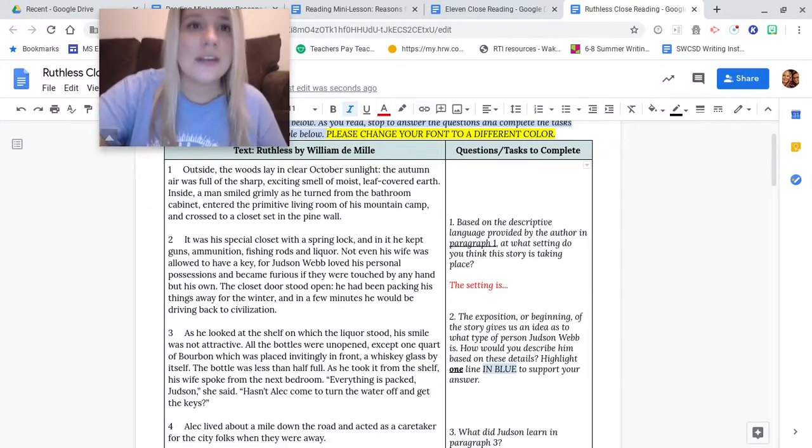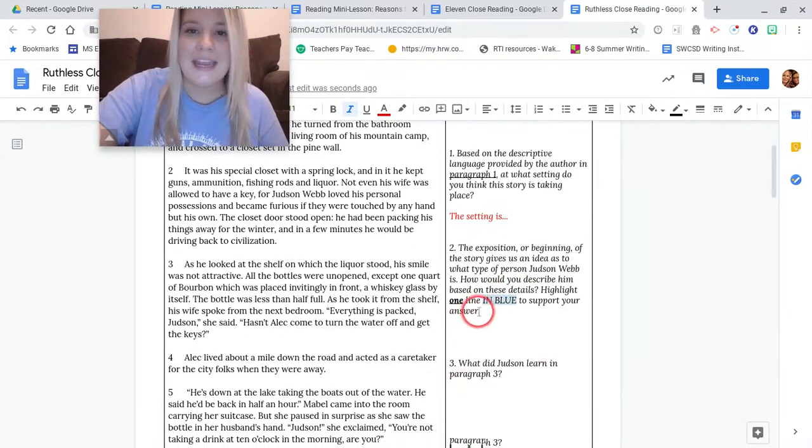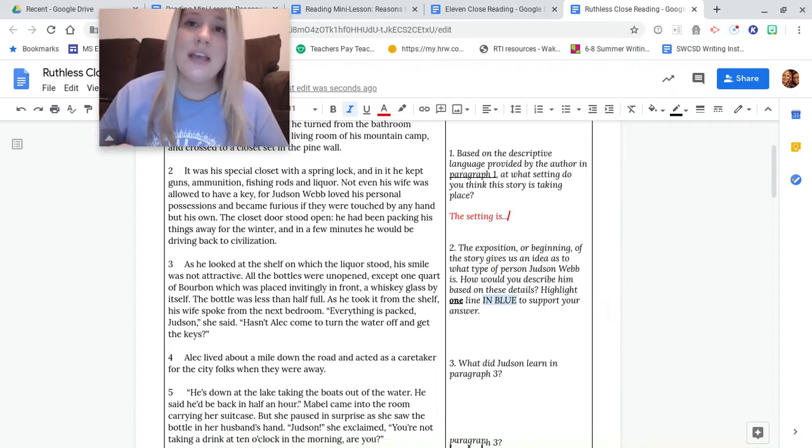Not only are you going to be answering questions, you're also going to be doing some highlighting. You need to make sure that when you are reading one of these questions off to the side, you're reading it close enough so that you know exactly what you're being expected to do.